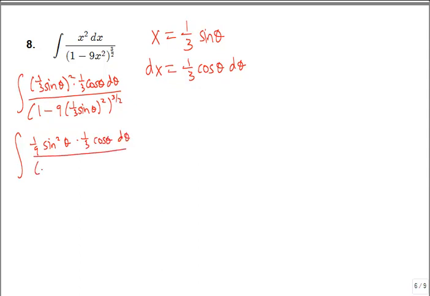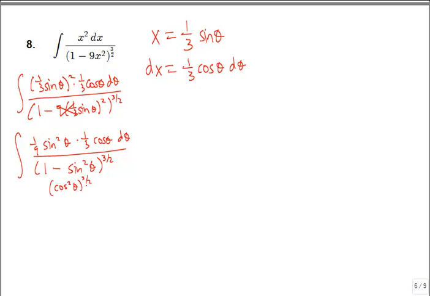On the bottom, we're going to get 1 minus 1/3 squared becomes 1/9 times this 9, those cancel out. So I'm just going to have a sine squared theta left over, and all of that still being raised to the 3/2. Now is where you use that Pythagorean identity. 1 minus sine squared theta is cosine squared theta.